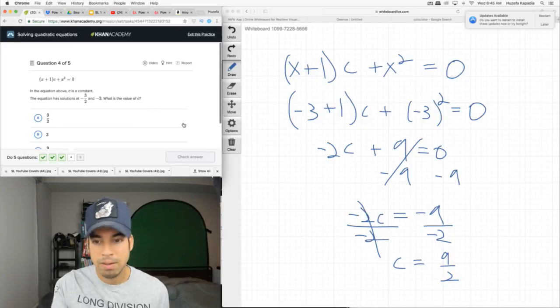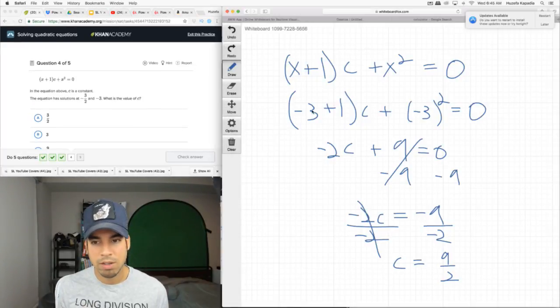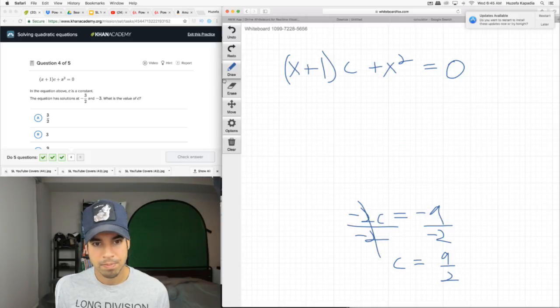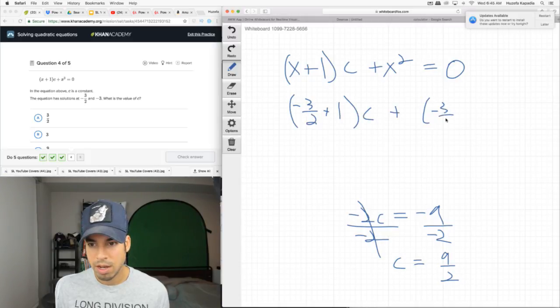Yes, c. But watch, I'm just going to show you out of an abundance of caution. Let's plug in negative 3 halves, because negative 3 halves should also work and give us the exact same thing. Negative 3 halves plus 1 times c plus negative 3 halves squared. This plus this is negative 1/2 c plus 9/4 equals 0.